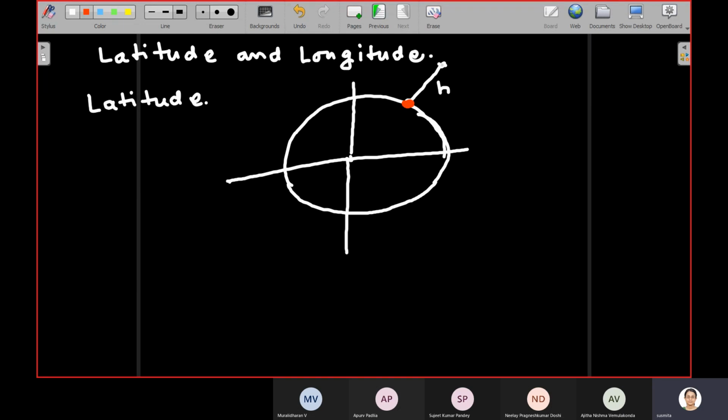Now, latitude is the north-south angular distance of this point.